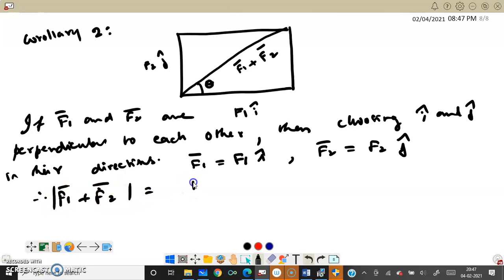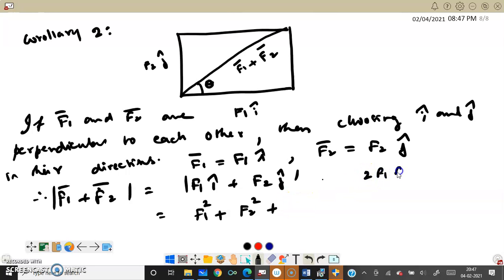Okay, that will be F1 into i cap plus F2 into j cap. So this will be the modulus of F1 square plus F2 square plus 2 F1 F2 cos of the angle between them.